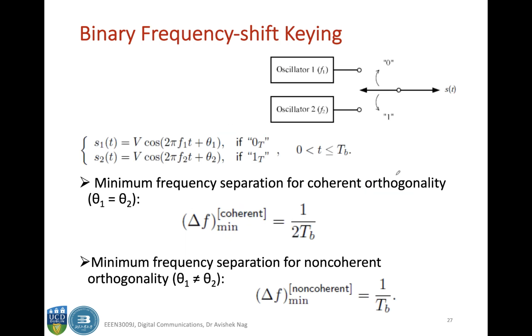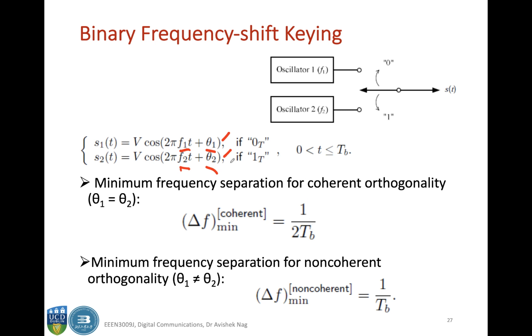Again, for frequency shift keying also you can have this arrangement, where you have two different carrier frequencies, F1 and F2, and let's say they also have phase differences theta 1 and theta 2. The minimum frequency separation for orthogonality when theta 1 is equal to theta 2 is 1 over 2 TB.